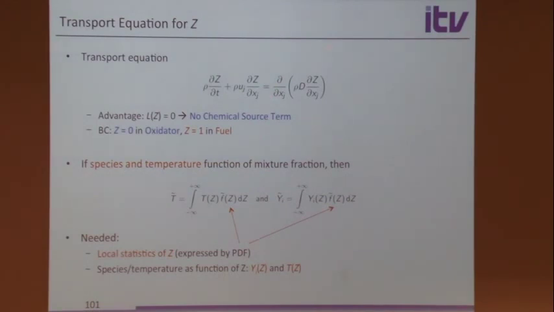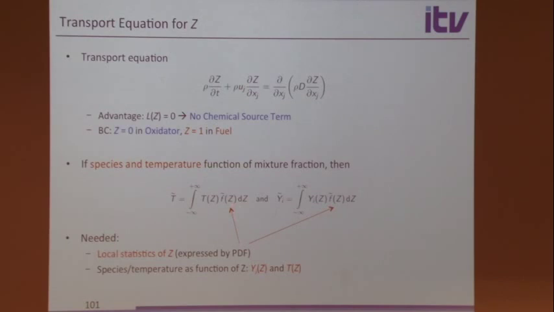So once we have this, let's say you can solve this somehow, and you know all the statistics in the flow field. You know all the statistics of the mixture fraction. You know the mean and the full PDF. If you know the PDF of mixture fraction, and now let's just say, for the sake of argument, that the temperature was a function only of mixture fraction, and that is the case, let's say, for infinitely fast chemistry.